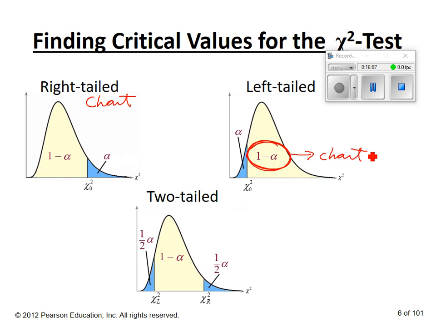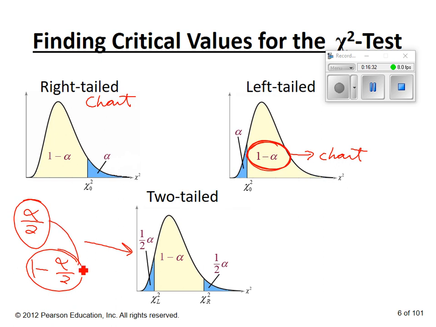And when it's two-tailed, you take alpha divided by 2, that's going to give you one of your numbers, and then you subtract that number from 1, and that's going to give you your other. You use those two on the chart, so do both of them, and that's going to tell you 2 numbers separately. We'll do a problem or 2 here to help you make sure you understand it.